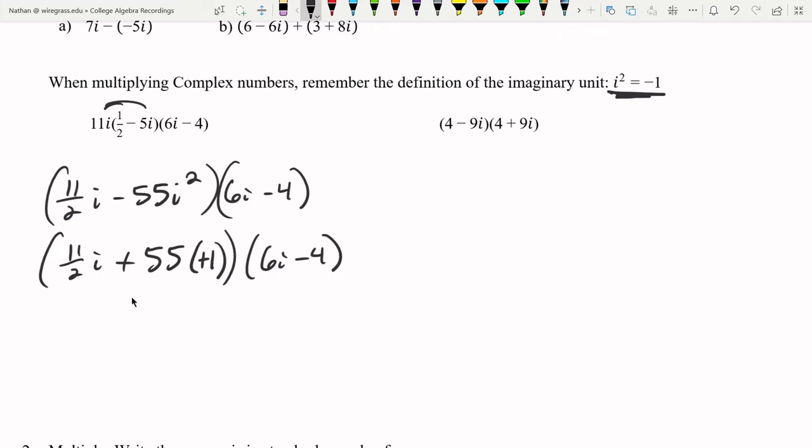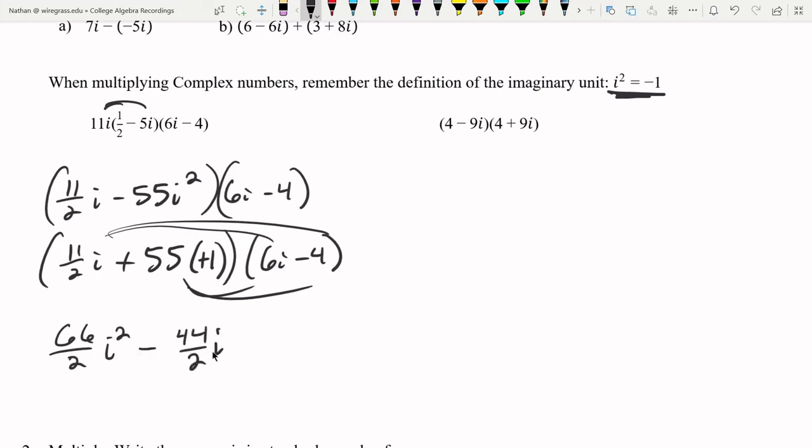So now all we have to really do is distribute, use the FOIL method, distribute the first into the second, and go from there. It's plus 55 here, so 11 halves i times 6 is going to be 66 over 2i squared, minus 44 over 2i.